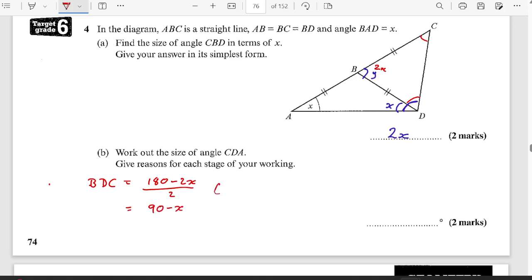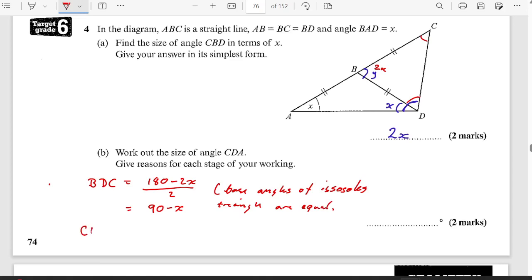My reason for that is base angles of isosceles triangle are equal. And I think I'm going to use that reason again for my next stage. And then we already know that that is x because the base angles of an isosceles triangle are equal.